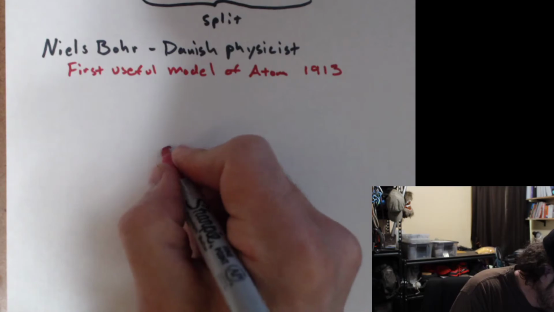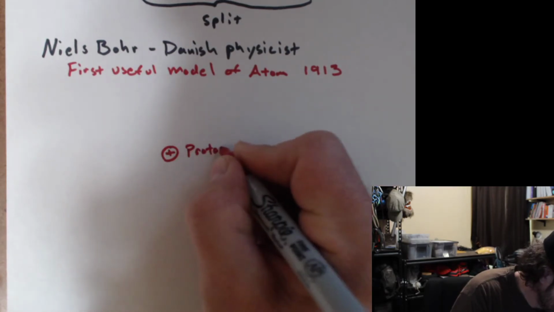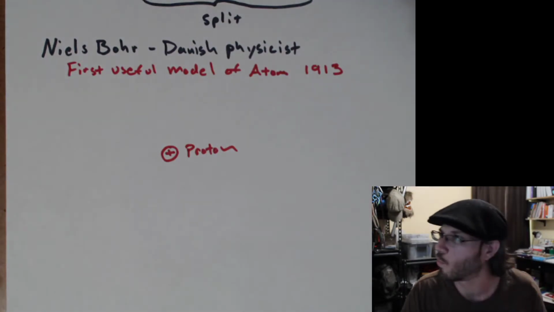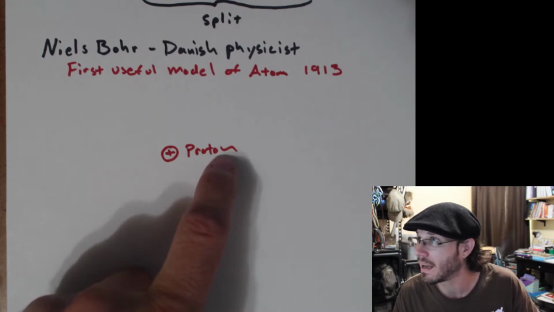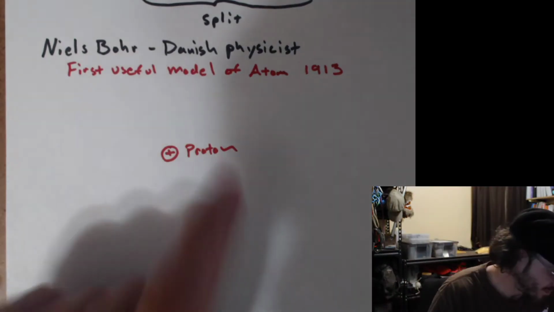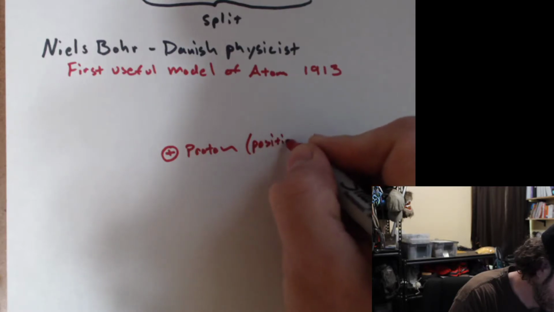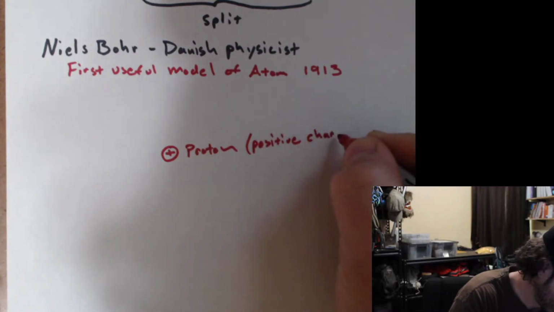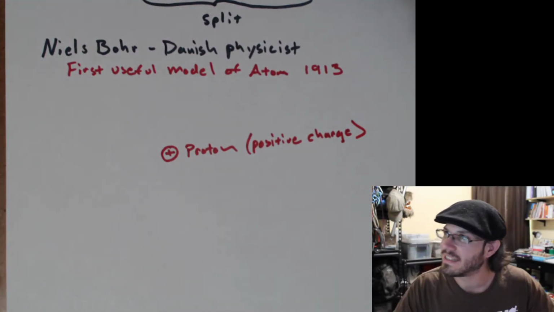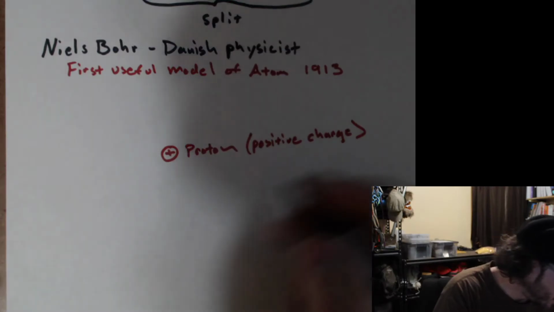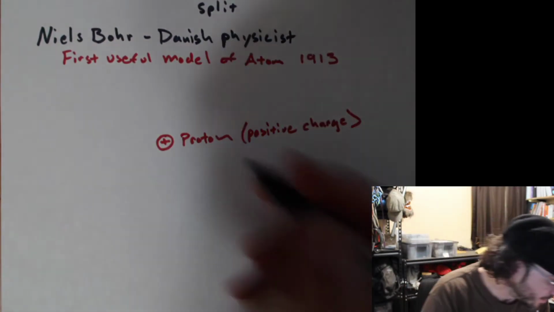I will do proton with red, and I'm going to denote it with a positive because we say that this has positive charge. And it lives in the center of the atom with its no charge companion called the neutron.